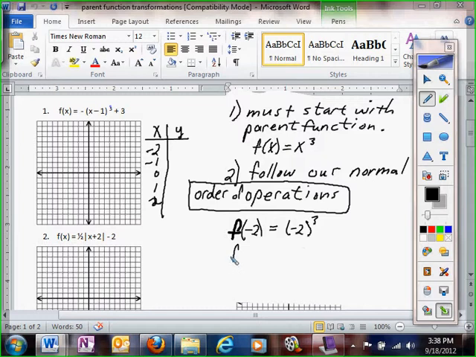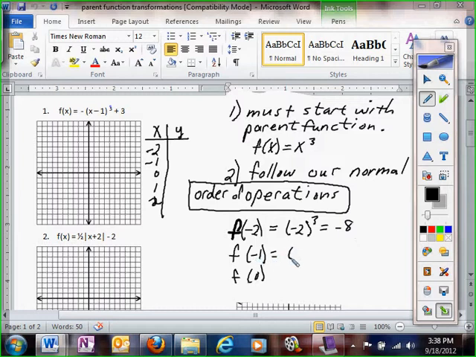And I need to know what is f of negative 1, what is f of 0, and so forth. So basically f of negative 2 is negative 2 to the power of 3. And if you remember that little rule I told you before, a negative number raised to an odd power, your answer is negative. So I know 2 to the third is 8, so negative 2 to the third is negative 8.